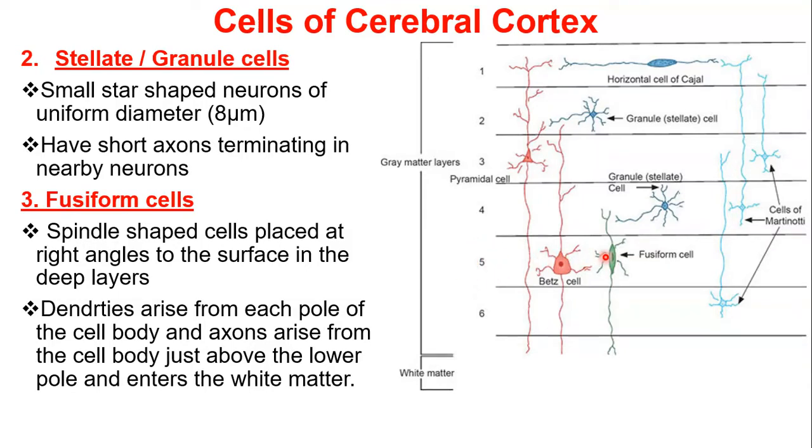The dendrites of these fusiform cells arise from each pole of the cell body. An axon arises from the cell body just above the lower pole, this one is the lower pole, and enters into the white matter, because this axon is going downward, so below the grey matter there should be white matter.